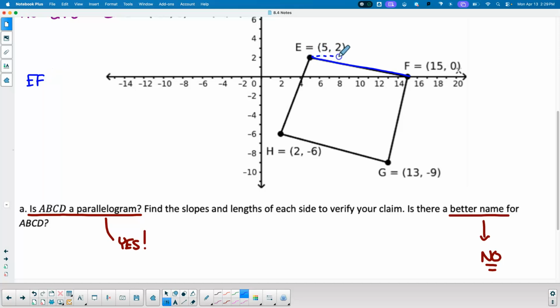Let's see, we've got 10 there and 2 there. So that would be two square roots of 26.